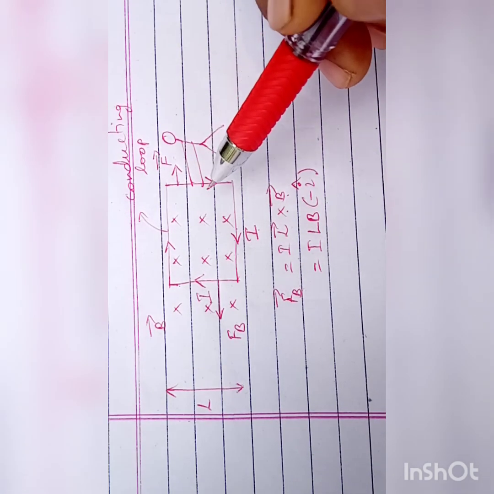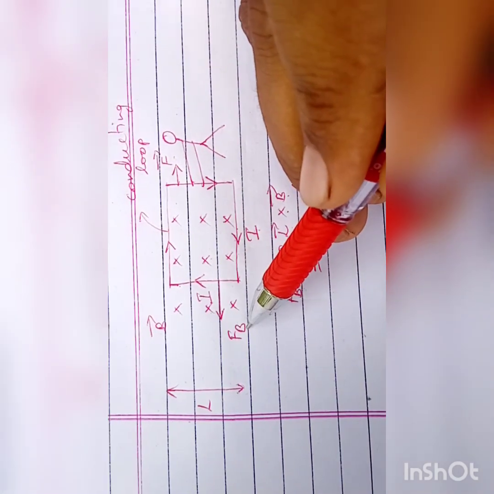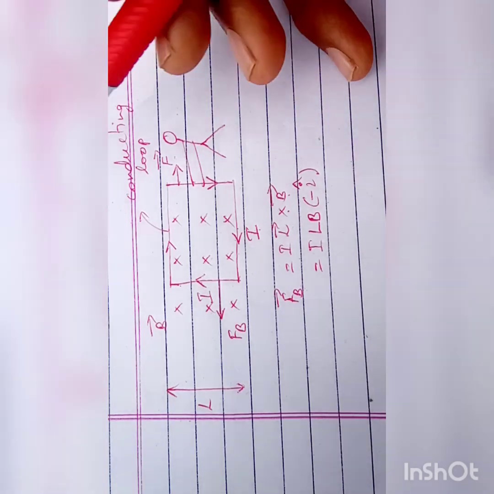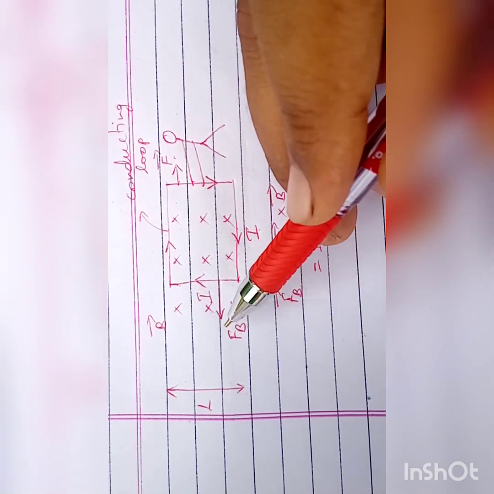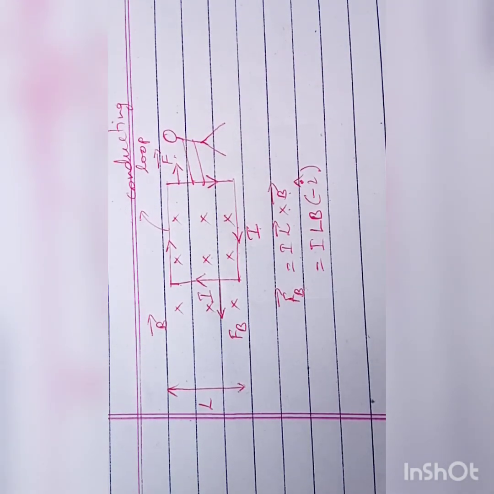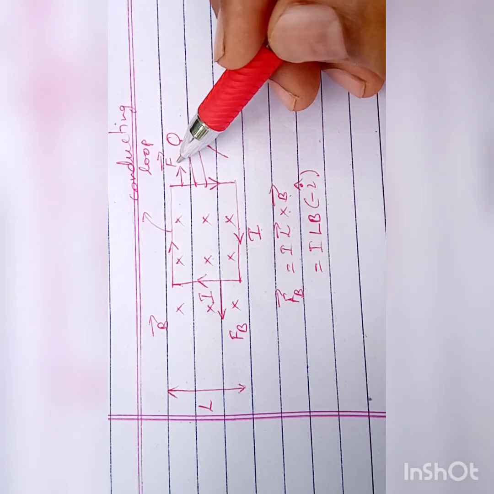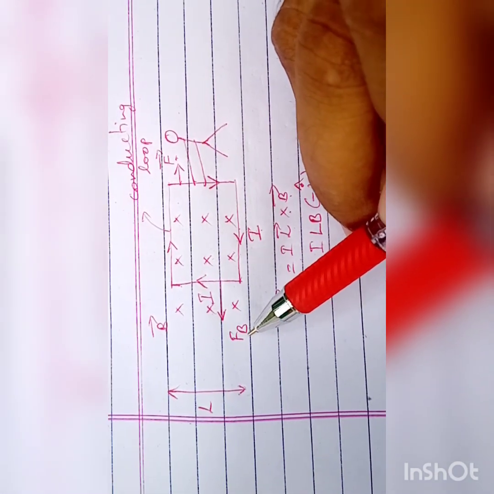So therefore initially F is maximum, Fb is less. As the situation continues, F however remains constant but Fb increases. A stage is reached when the force exerted by man becomes equal in magnitude to the magnetic force Fb.